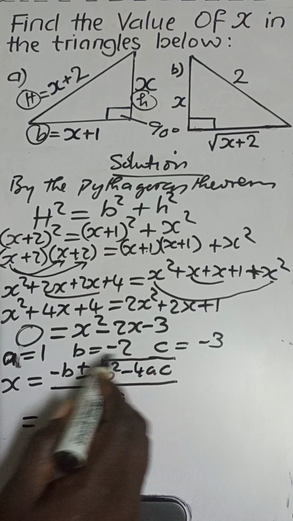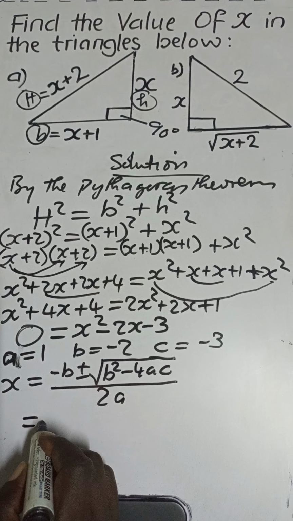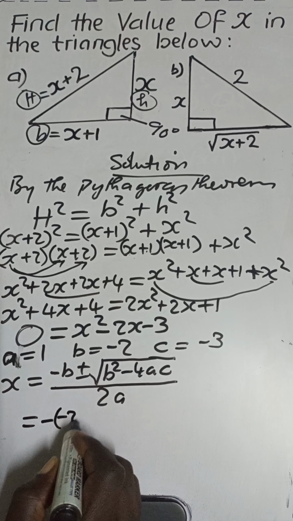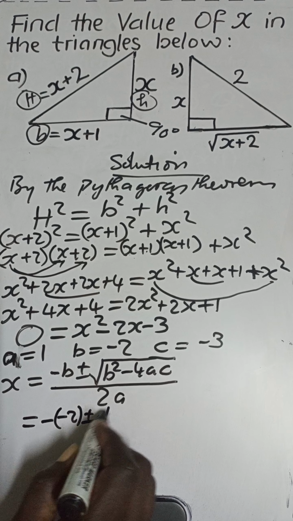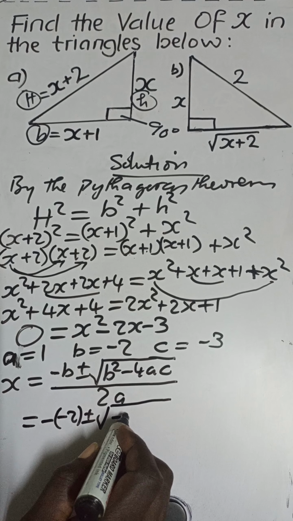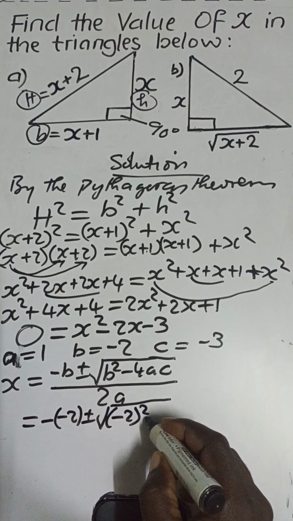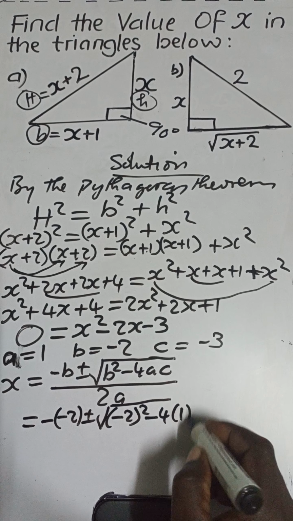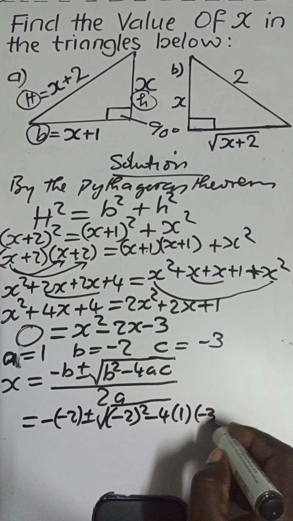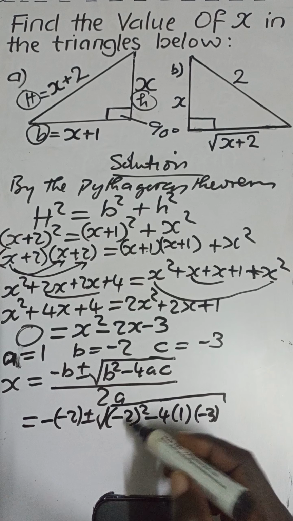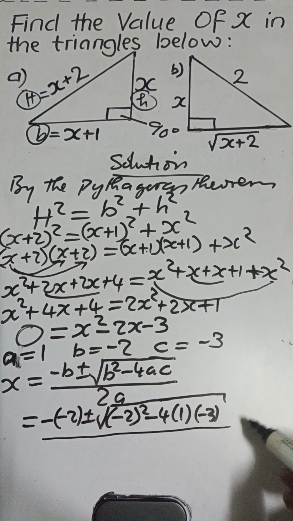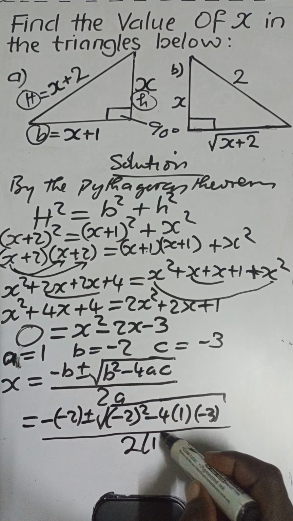So let's put our elements here carefully. -b, b is -2, plus or minus the root of b squared, b is -2, so we're going to square that, minus 4 times a times c, all of that divided by 2a.